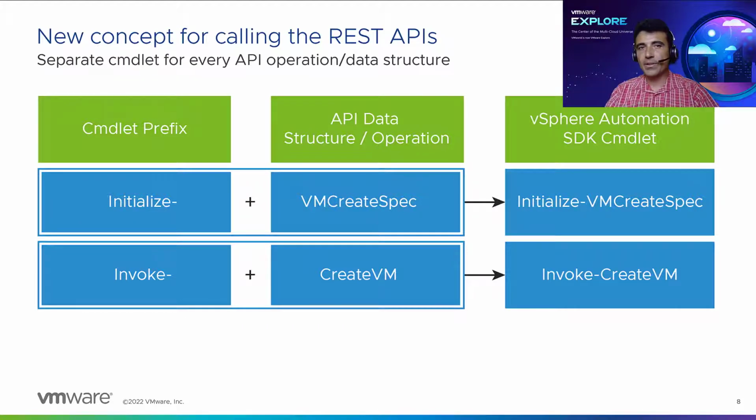One very important thing to note here is that the Initialize commandlets actually do not perform any operation. They do not create any object on the server. They only create the client-side objects that you use to actually pass as an input of the Invoke commandlets, which actually perform the server-side operation.